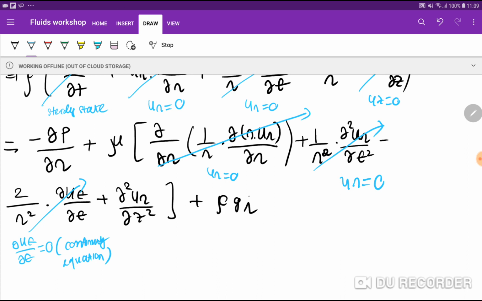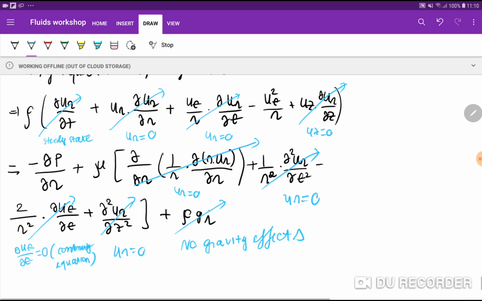The last term cancels out because u_r equals 0, and this term cancels out because there's no gravity effect, which means that there are no gravity components in any direction, including the r direction. So g_r is 0, then ρ times g_r is also 0.